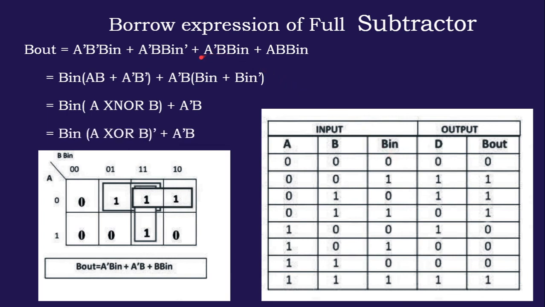Here also we have found the same thing. We have drawn the truth table of the full subtractor. We have considered borrow as a separate output and difference as another output. We have drawn two different K-maps, and we also used the K-map simplification method to find the expression for both borrow as well as difference.